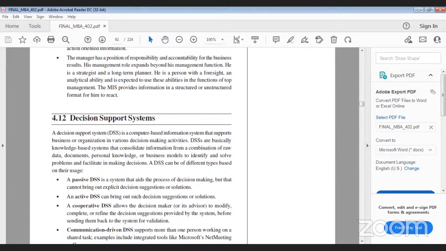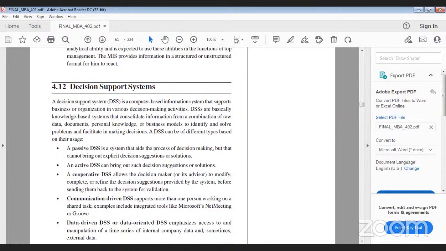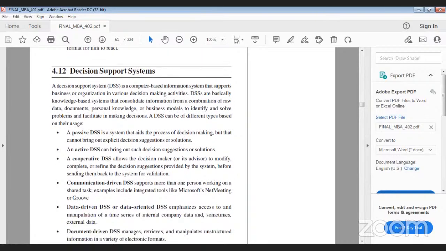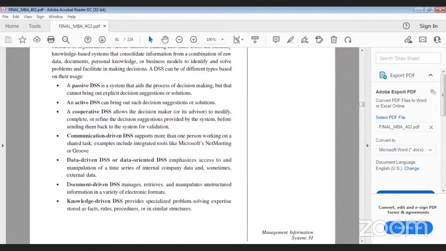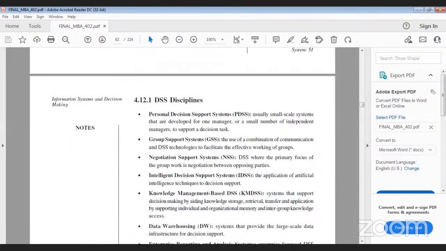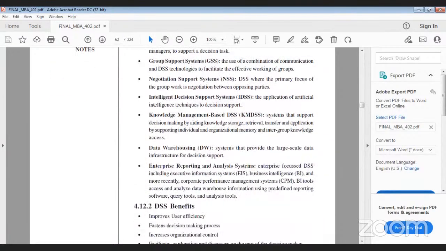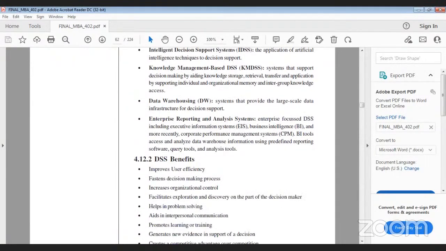DSS can be of different types based on use: passive DSS, active DSS, cooperative DSS, data-driven DSS, document-driven DSS, knowledge-driven DSS, model-driven DSS, personal DSS, distance support system, group support system, innovation support system, intelligent decision support system, knowledge management-based DSS, and data warehousing and enterprise reporting and analysis system.